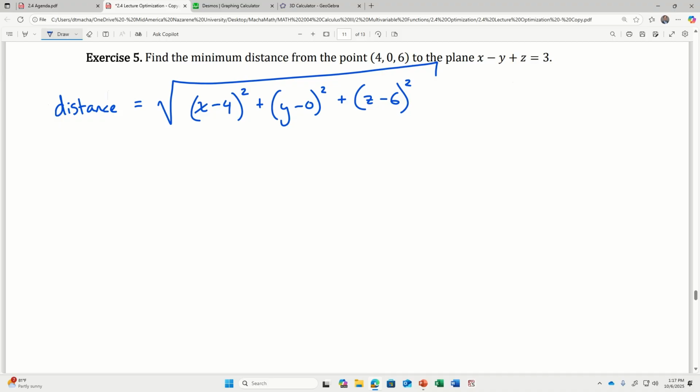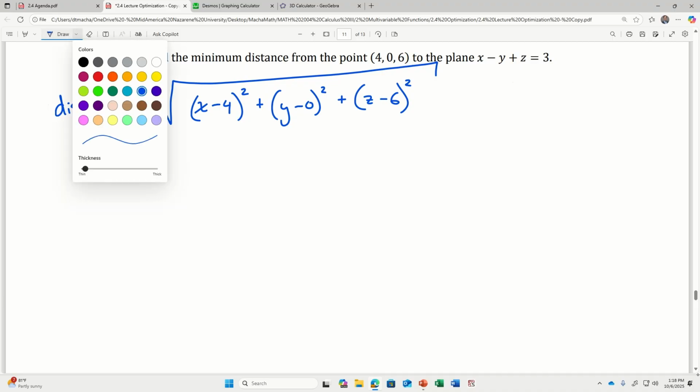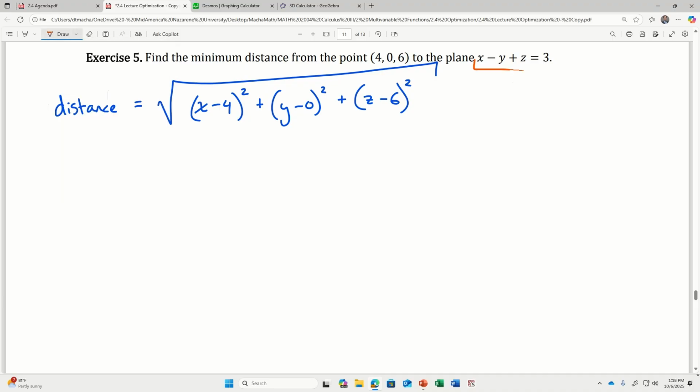So any point x, y, z is going to have this distance away from the point 4, 0, 6. That's how we calculate distance using the Pythagorean theorem. And I want to find a minimum distance, but with one more little constraint here. And that constraint is that z has to be equal to y minus x plus 3.